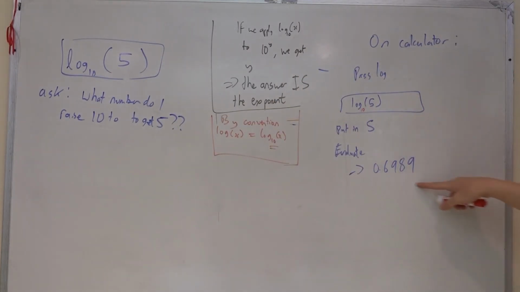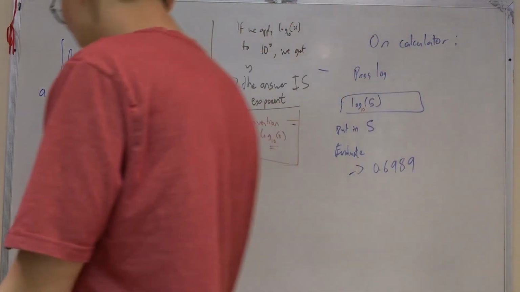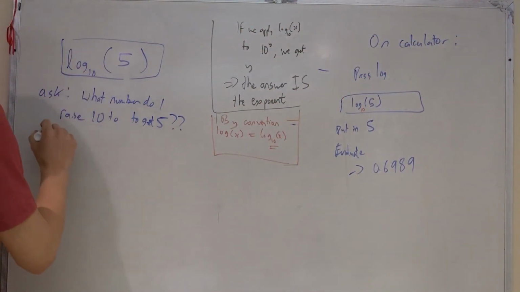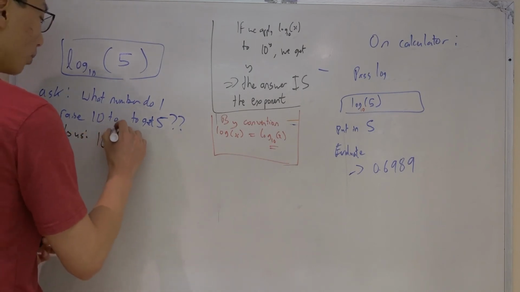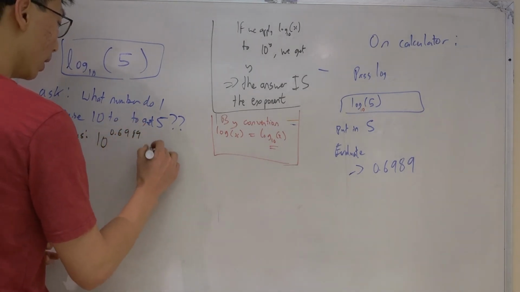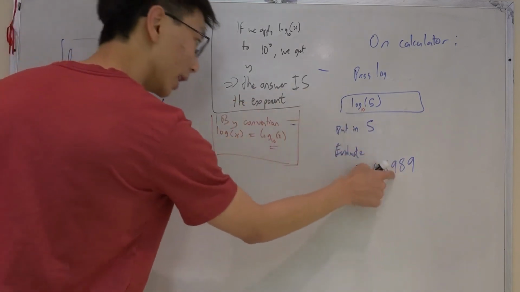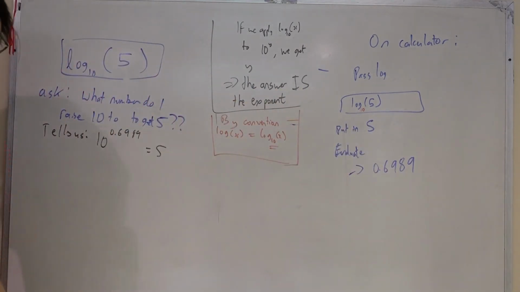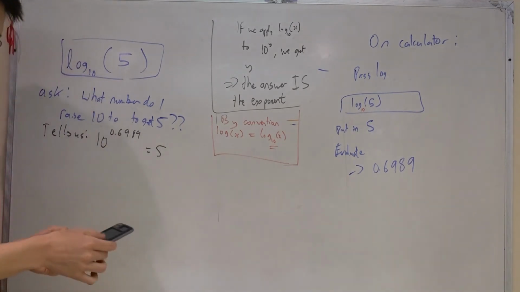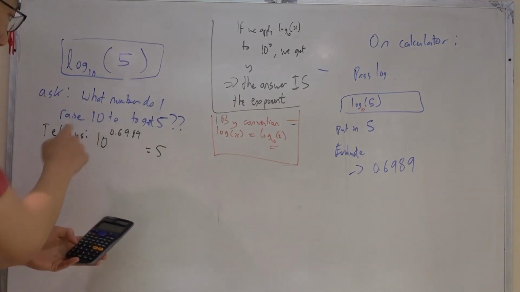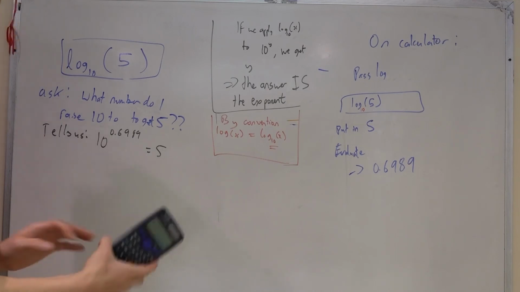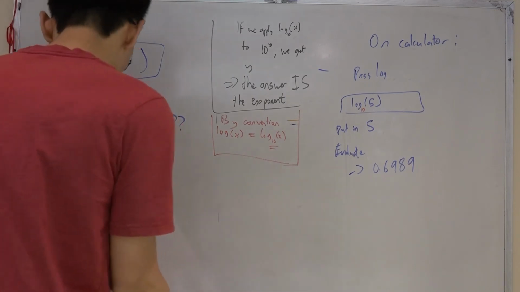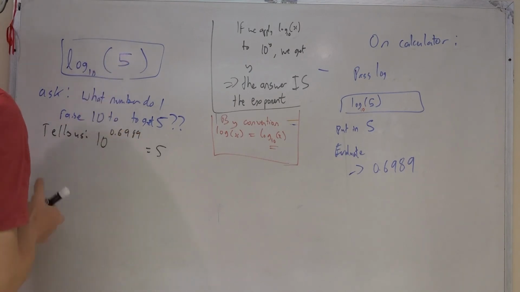And now remember what this result is saying, why we were getting this result. This result tells us 10 to the 0.6989 is equal to 5. Remember, the answer is the exponent. In this relation, you can verify that 10 to the 0.6989 is roughly equal to 5. I'm getting 4.999. Therefore, we can substitute this in for 5.